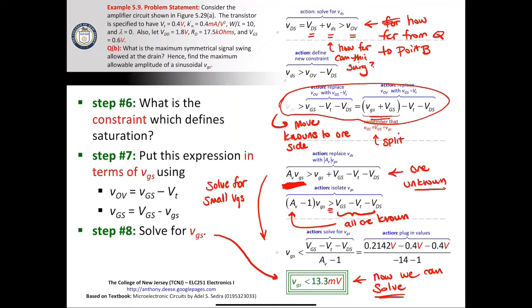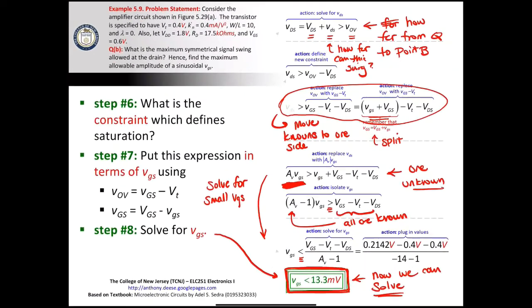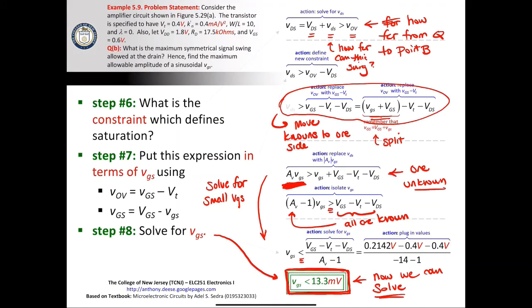Right, because we're dividing by what we know is a negative value. AV is negative. So whenever you do that with an inequality, it flips the direction of the inequality. And so when we plug in all those values, we end up with this result that vgs has got to be less than 13.3 millivolts in order to maintain us in the saturation region.